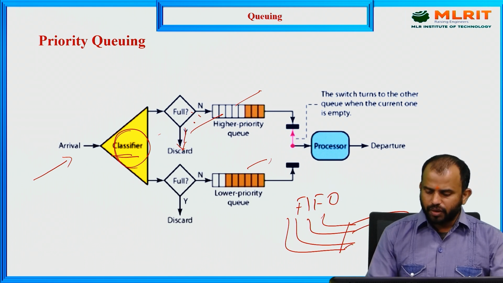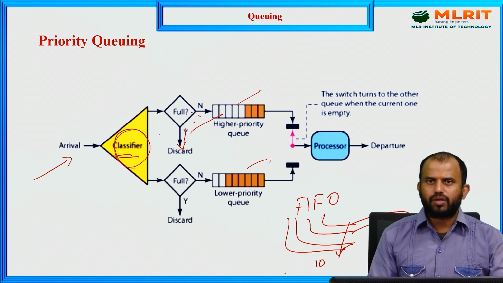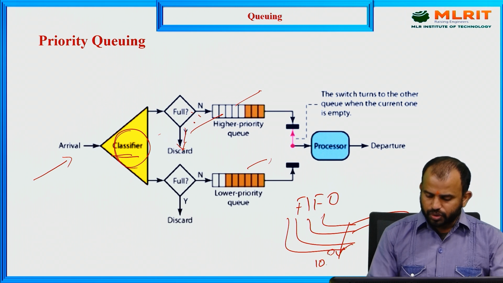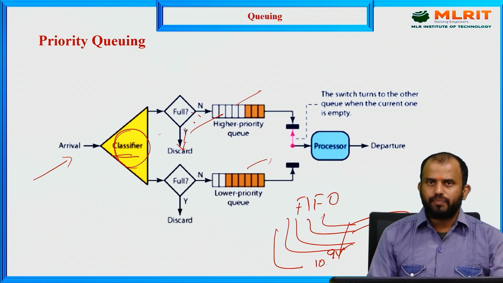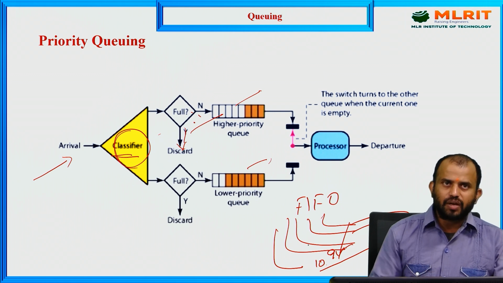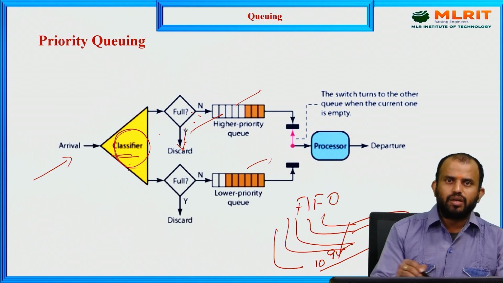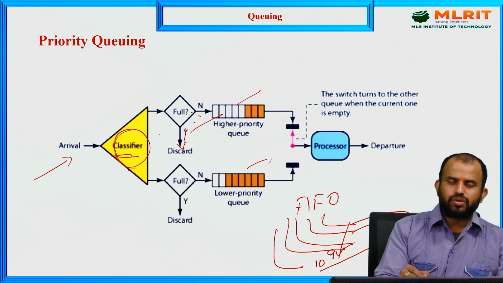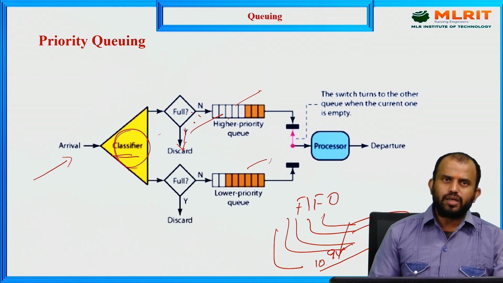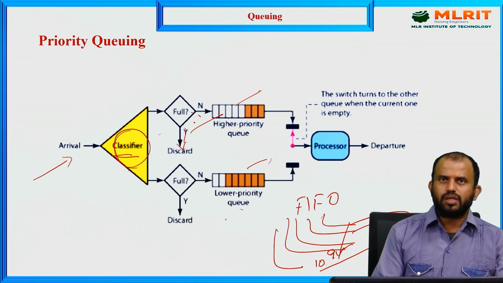But out of these, if the 10th has the highest priority, we have to wait until completion of the 9th, then the 10th comes and the information is transmitted. But here, based upon the priority level, the classifier has to decide. The 10th is the highest priority, so it chooses the queue structure, or else it moves to the next stage, which we call low priority.